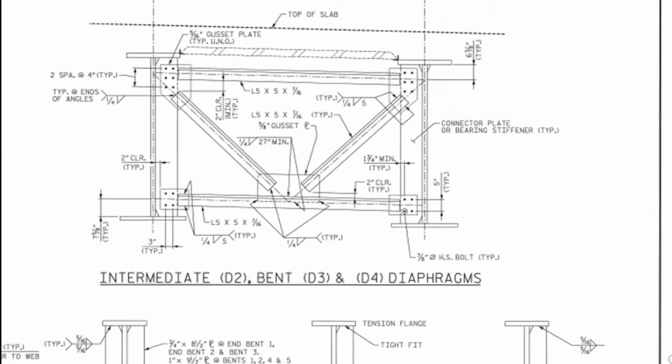Let's go back to D2, D3, and D4. Top of the slab from the gusset plate, typical UNO. I would like to find out if there are questions.